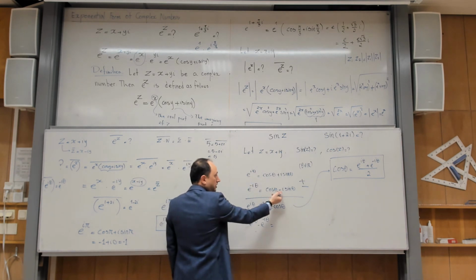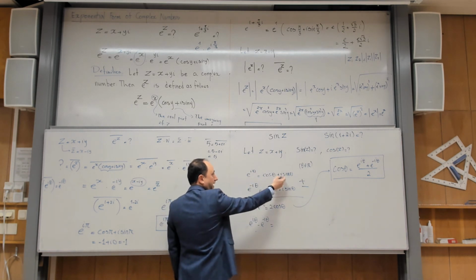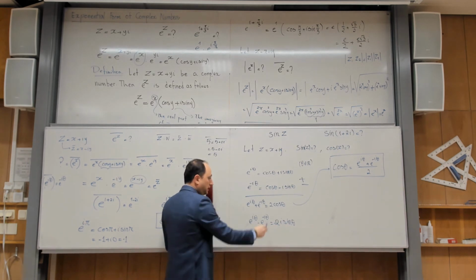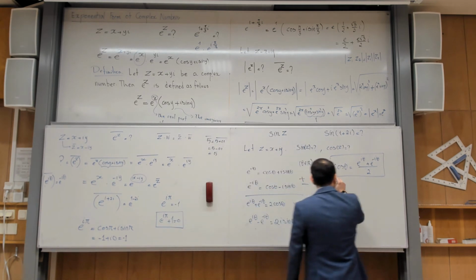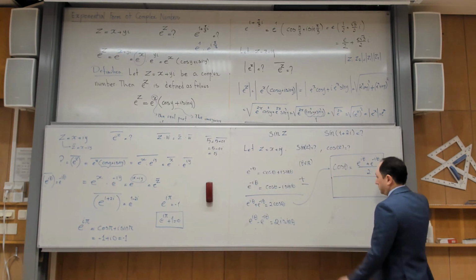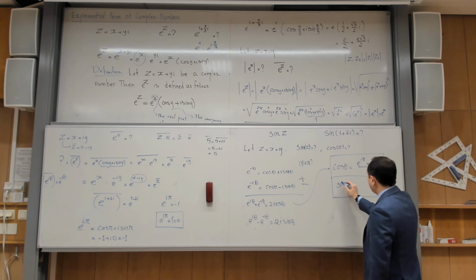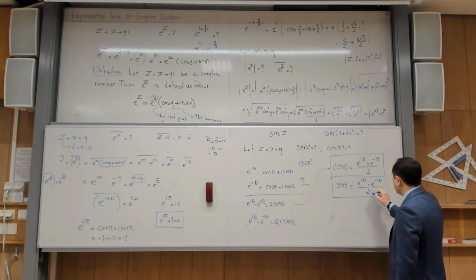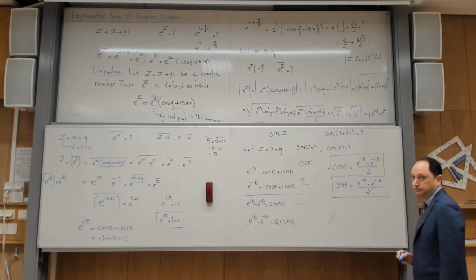This becomes positive i sine theta, which will be added to that one. It gives me 2i sine theta. And then you divide by 2i, you proved another formula. So that sine of theta is e to power i theta minus e to power minus i theta, but divided not by 2, divided by 2i.